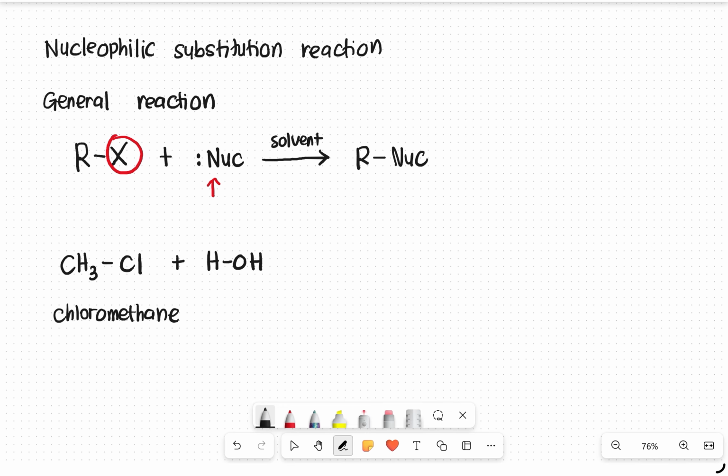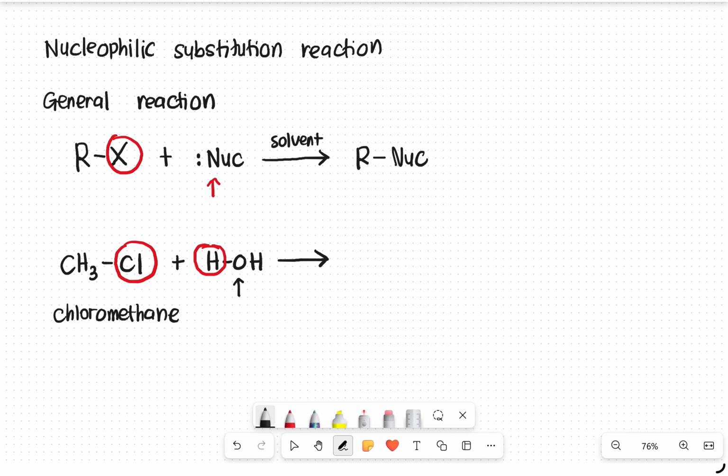Now, the solvent depends. So now circle Cl. For the nucleophile, we circle the hydrogen. Now which one will attach to the R group?